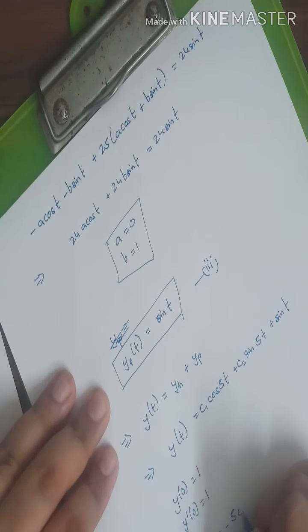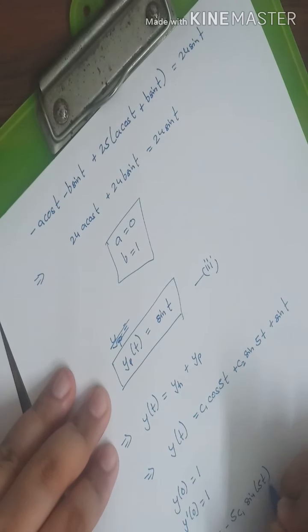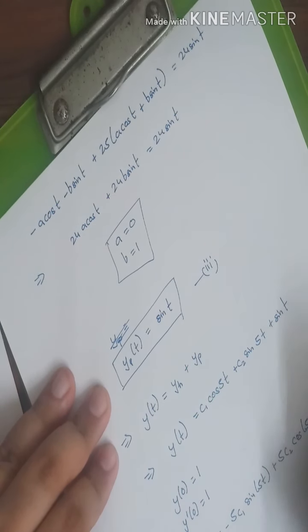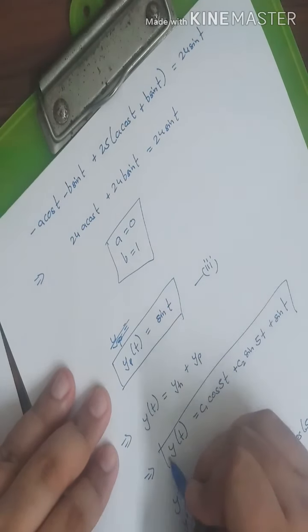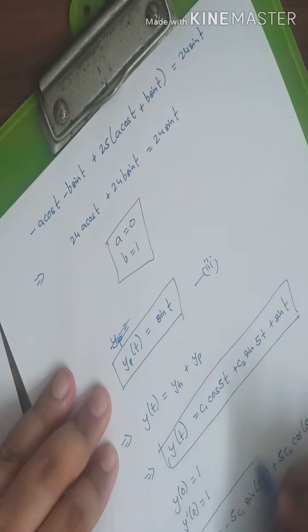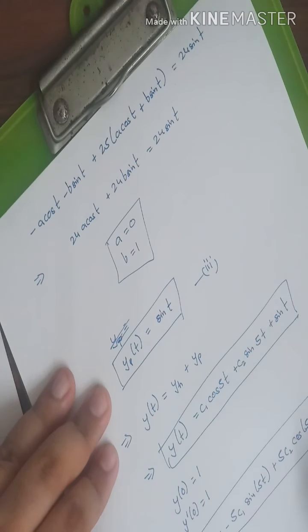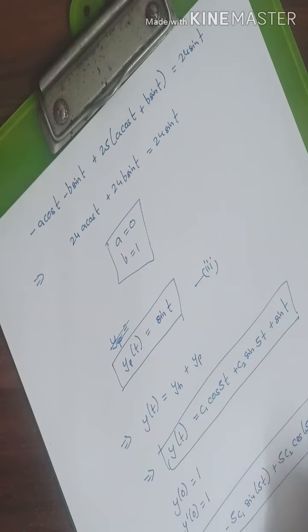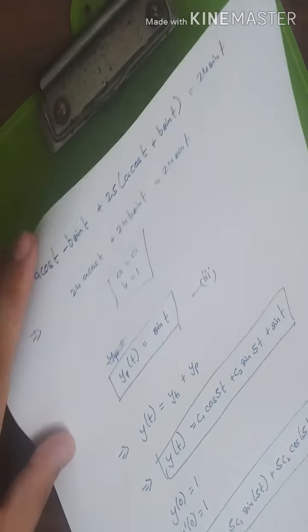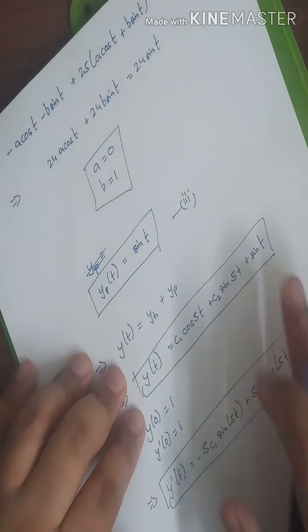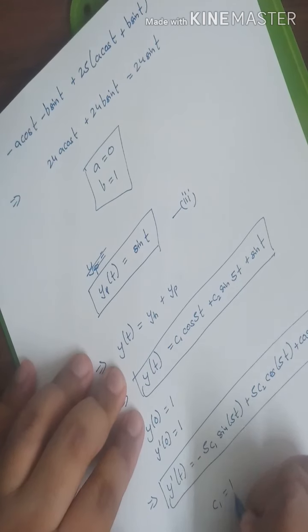That is going to be minus 5 c1 sine 5t plus 5 c2 cos 5t plus cos t, and we would be substituting t equals 0 in both of them. So for the first, what we're going to get is c1 is equal to 1.